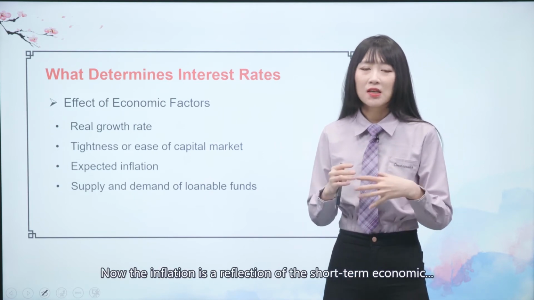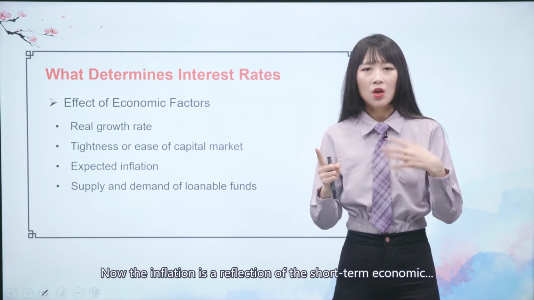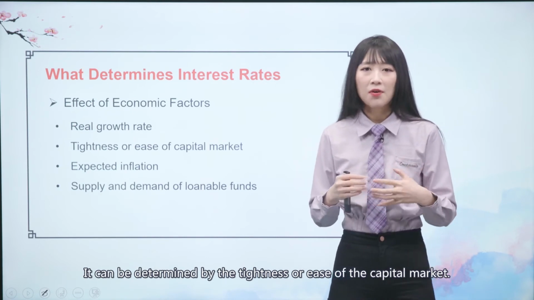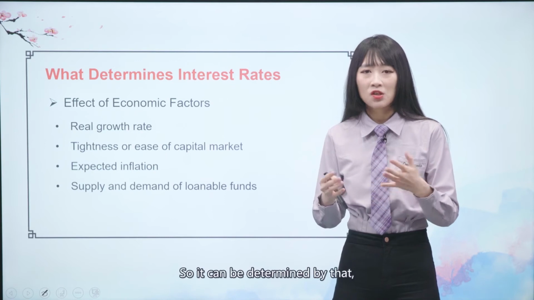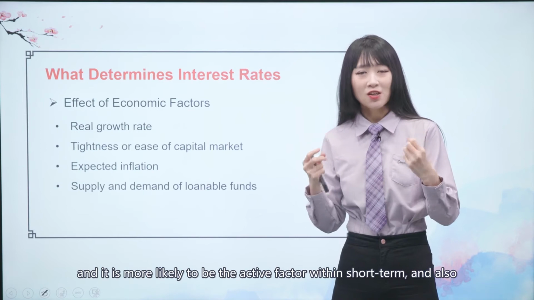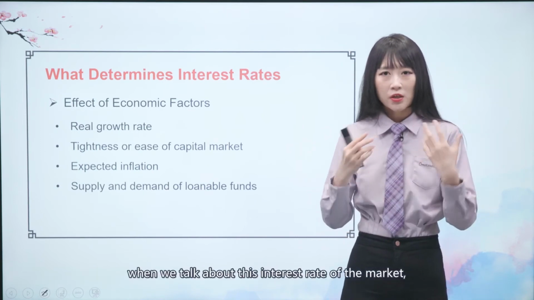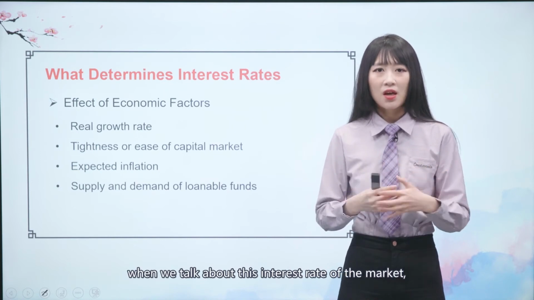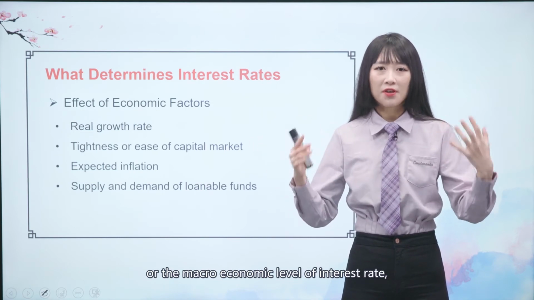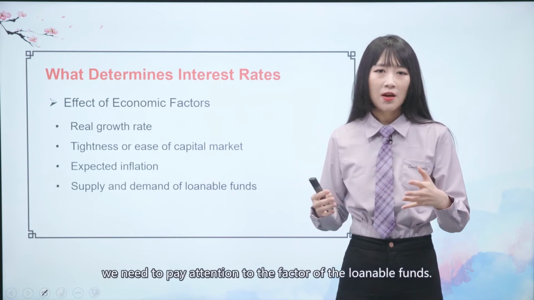Now, inflation is a reflection of the short-term economy. It can be determined by the tightness or ease of the capital market, so it is more likely to be the active factor within the short term. And also, when we talk about the interest rate of the market, or the macroeconomic level of interest rate, we need to pay attention to the factor of loanable funds.